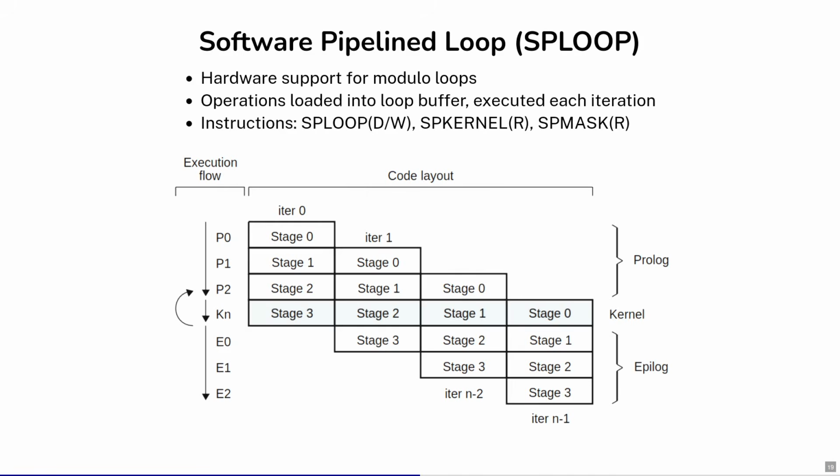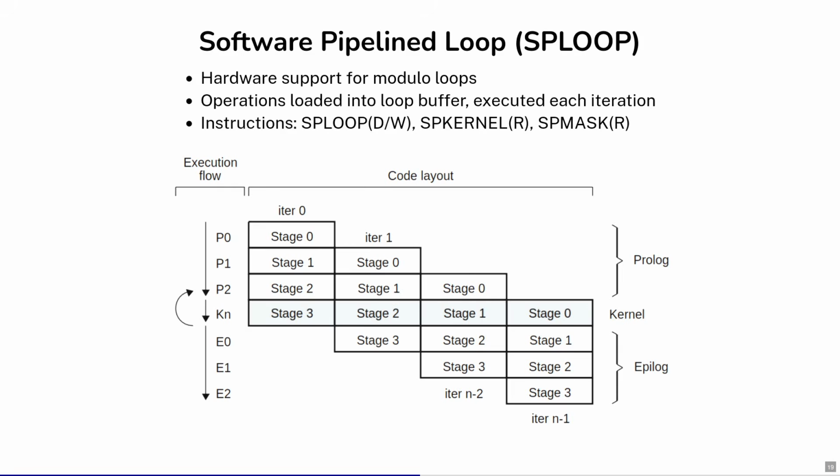So if we have a highly optimized loop, we would have to prepare a lot of branches and loads beforehand in the prologue to have a fully utilized loop in the end. Instead, we can use a small set of instructions, SP loop, SP kernel, and SP mask, and this hardware optimization.